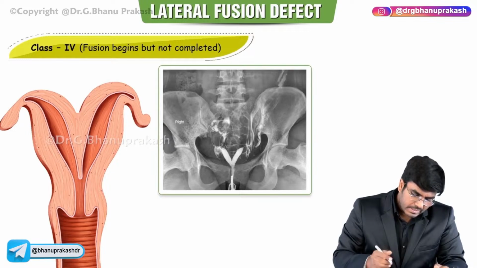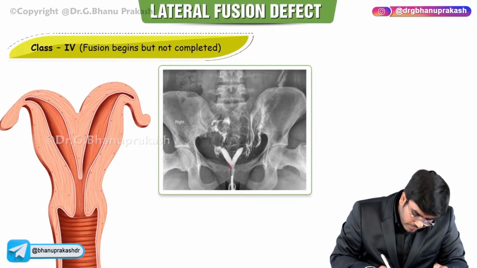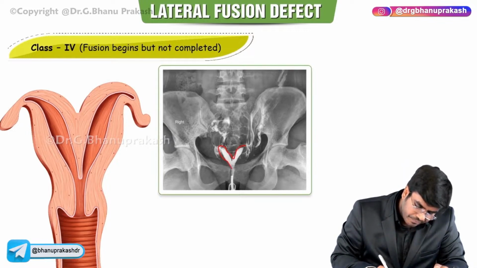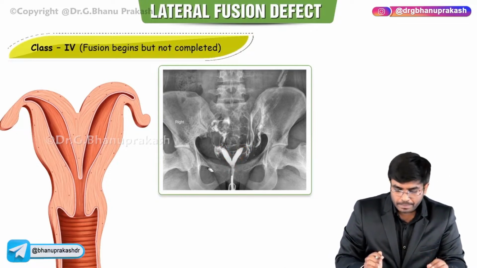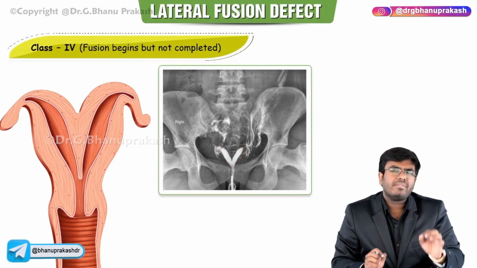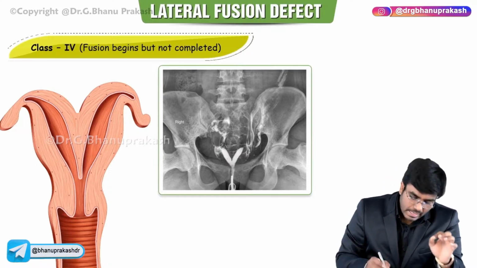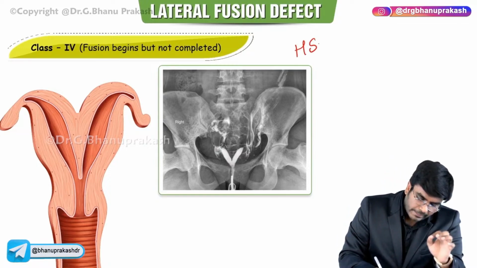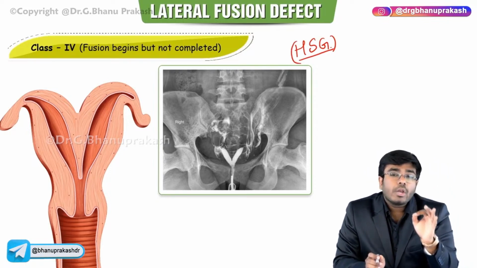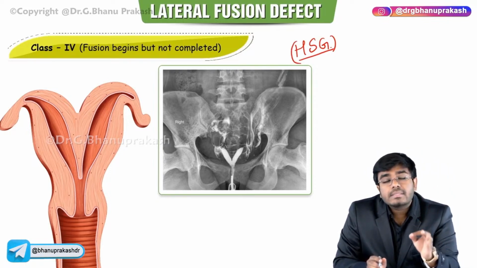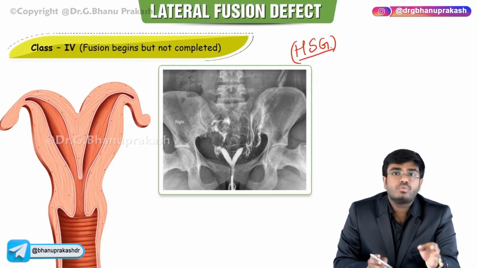Now after this, let's see the hysterosalpingographic image. Here it's very clear that there are two uterine cavities. But guys, a very important point is that with the help of hysterosalpingography, you cannot make the diagnosis of bicornuate uterus.